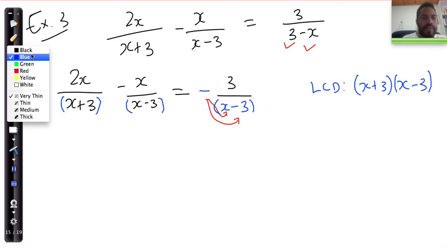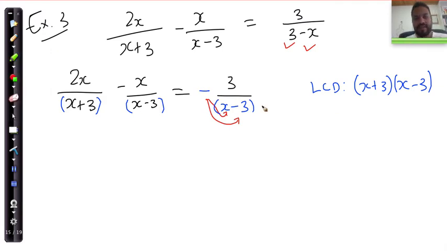Now I'm going to multiply each term by the LCD. So if you think of this LCD and you look at that first term, we put down the 2x, the x plus 3 cancels out with x plus 3, and I'm left with x minus 3. Okay, so then I've got x minus 3 over there. Then I put down the negative x, and I look at that, I've got x minus 3 in the denominator.